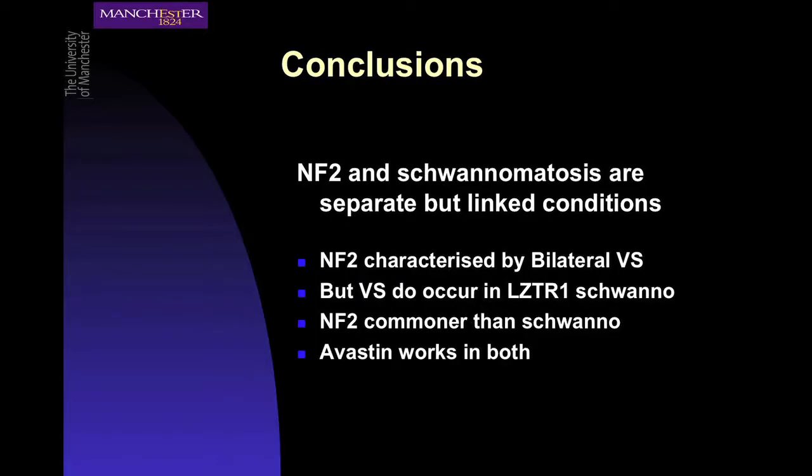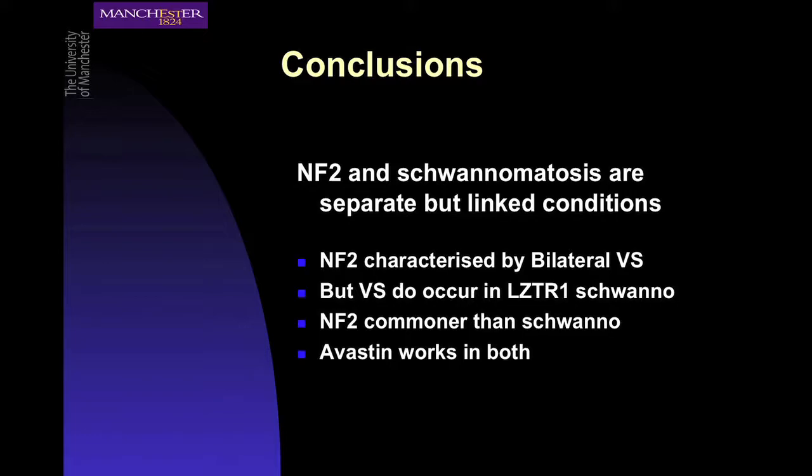So overall conclusions, that NF2 and schwannomatosis are separate but very much linked conditions. The NF2 gene is inactivated in all schwannomas in schwannomatosis and in NF2. The mechanism by which you get there is just a bit different.